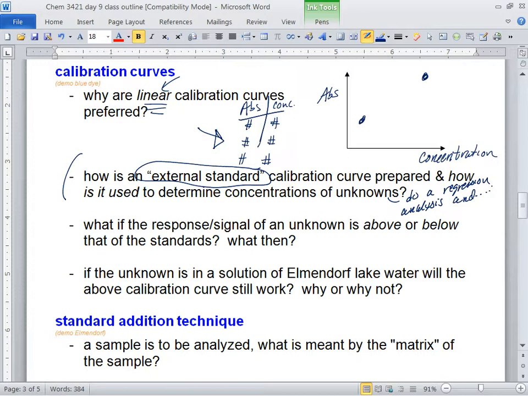Then you can calculate the concentration of anything that you put in there. All you have to do is measure its absorbance, because then you would have absorbance equals slope times concentration plus a number. Remember that game? So you know what the slope and the y-intercept are.